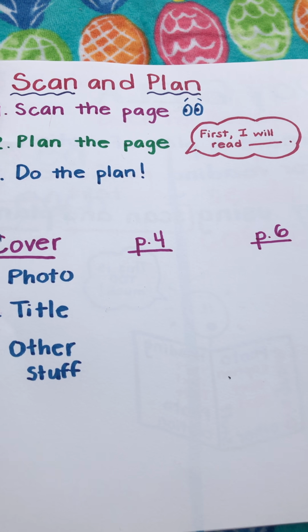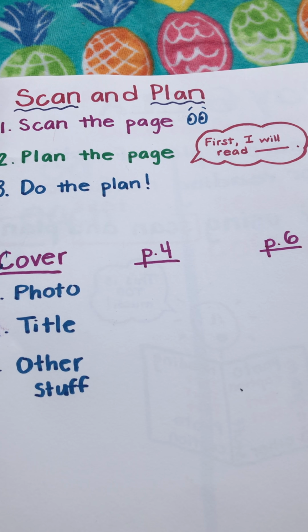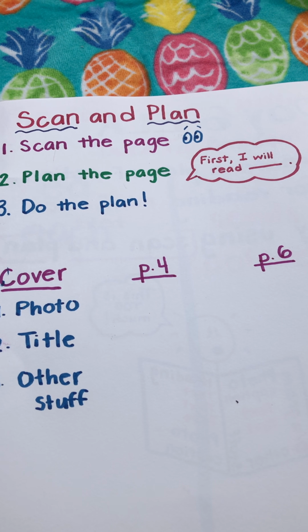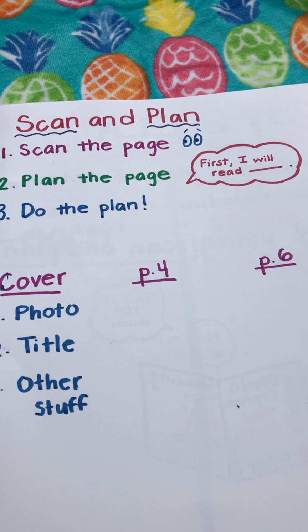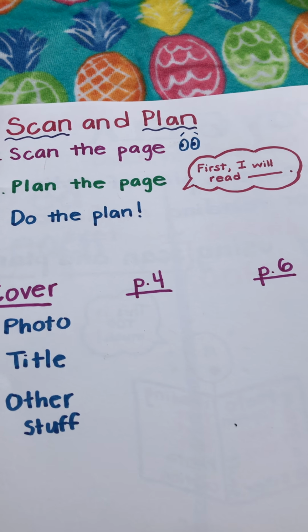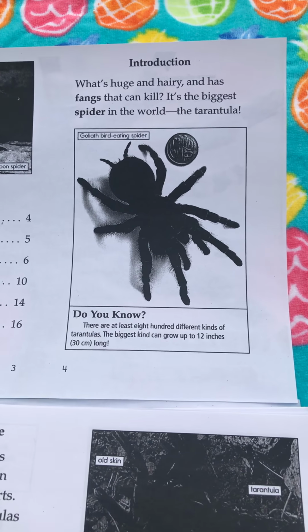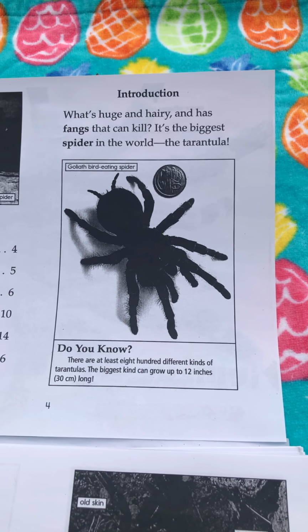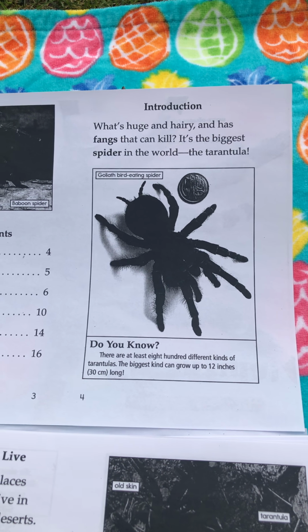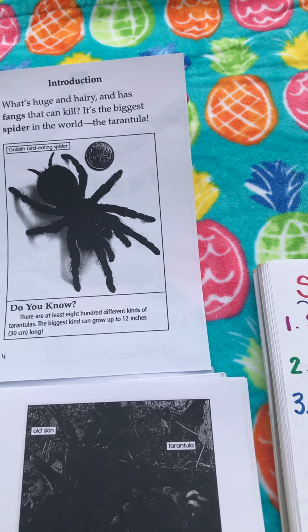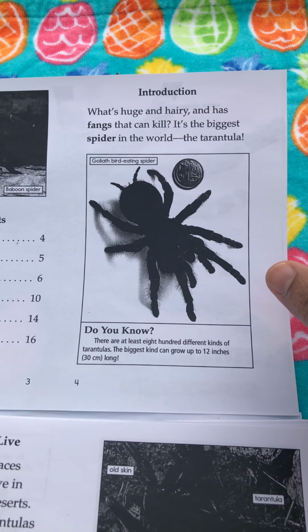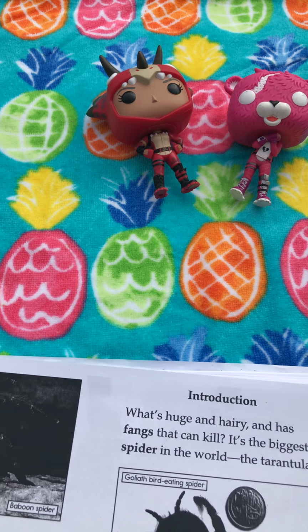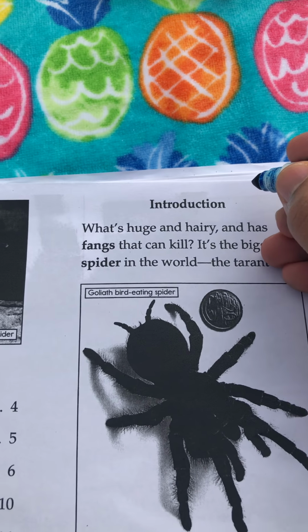Now I'm going to go to page 4. I'm not going to read the entire text. I'm going to give you all the opportunity to do that when you get to do your own practice. But I'm just going to kind of continue forward if I may. Here's page 4. Again, I have a few different things that I can see here. So my first thing is I want to scan the page. What stands out to me is I see a heading.